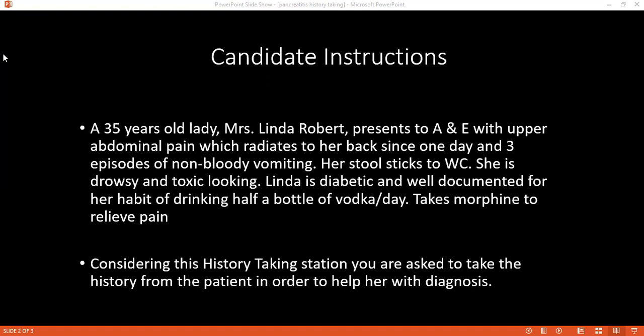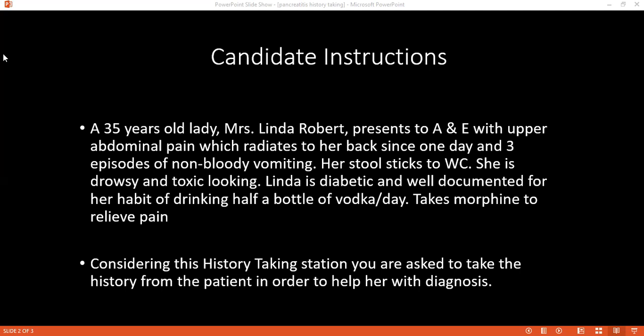Miss Linda attended today complaining of sudden abdominal pain that presented suddenly 1 month ago, exacerbated in the last 24 hours with 3 episodes of vomiting. It is in the upper abdomen, referred to the back, relieved on leaning forward, increased with drinking vodka.